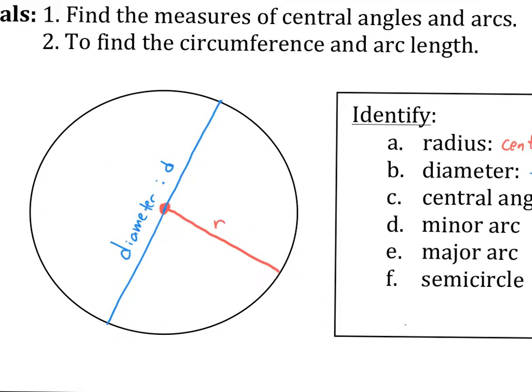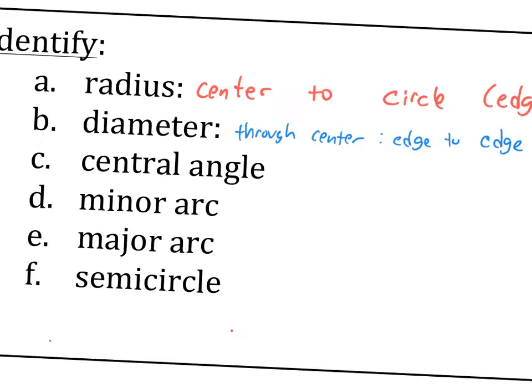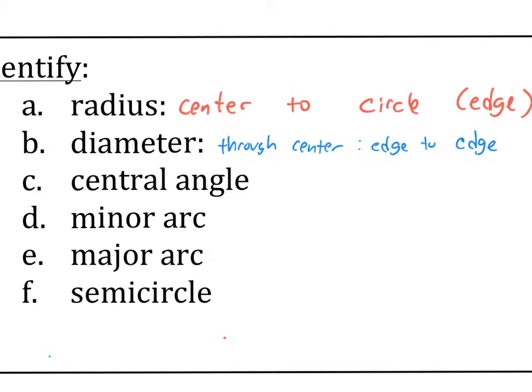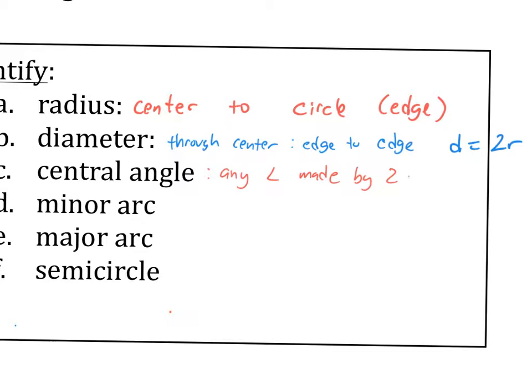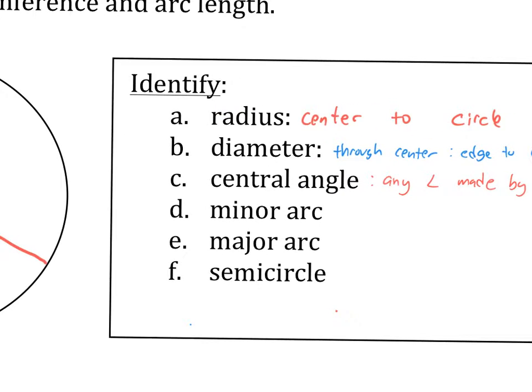Next is what's called a central angle. A central angle is any angle made by two radii. Now we do want to put letters down so we can start naming these as well.